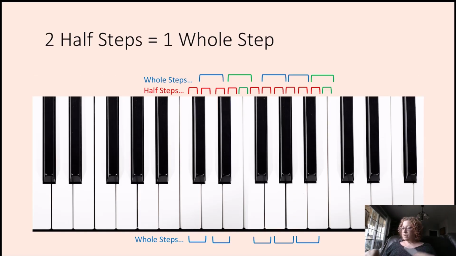So here you can see I've got the half steps pointed out right up here, okay? And then we've got the whole steps up at the top. So if we look at this, we can see that the half steps that are easy to figure out are in red. The whole steps that are easy to figure out are in blue.